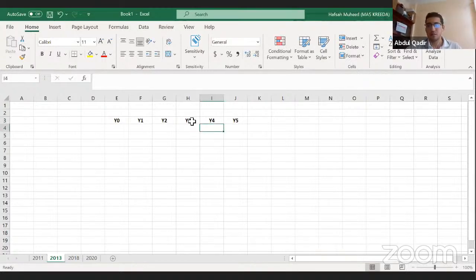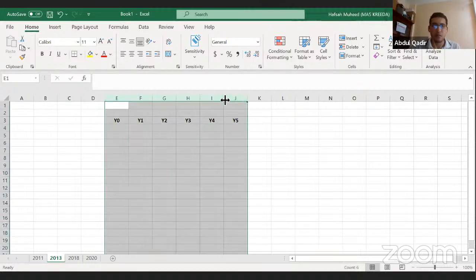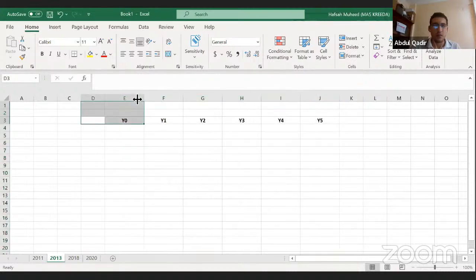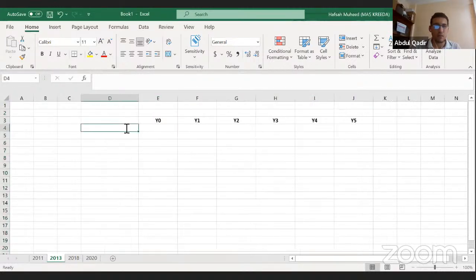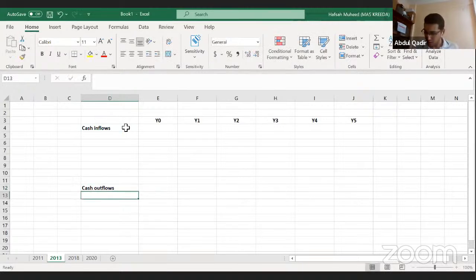On top you can write cash inflows and list all the cash inflows, and at the bottom, after a few lines, you write cash outflows, because you are told to list cash inflows and outflows for each year.